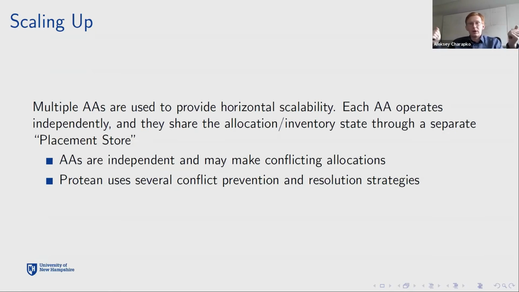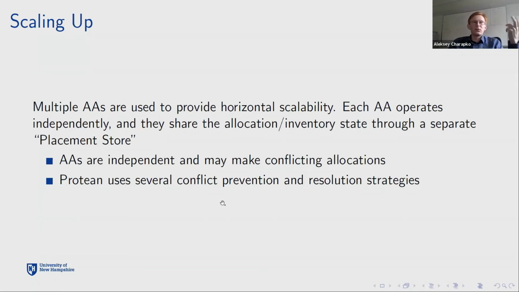If they do so, that particular machine may be over-provisioned, because now you have two requests going to one machine instead of two machines. So there is potential for conflicts when you have multiple allocators running.